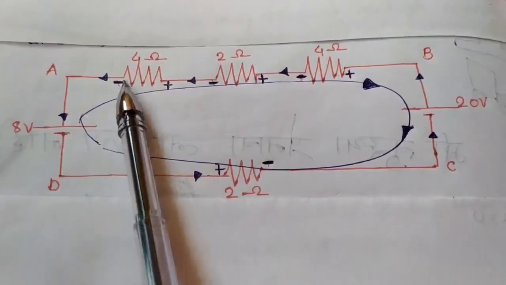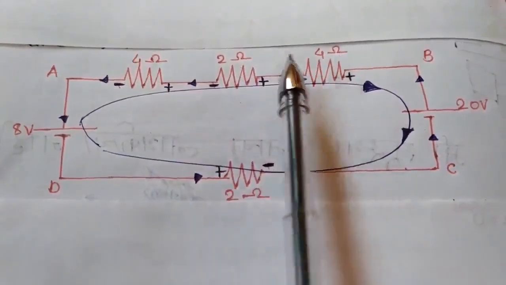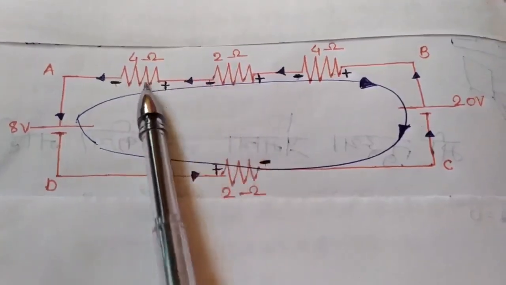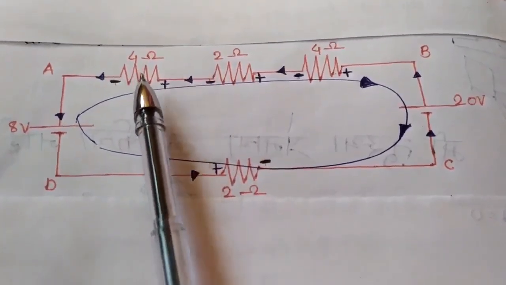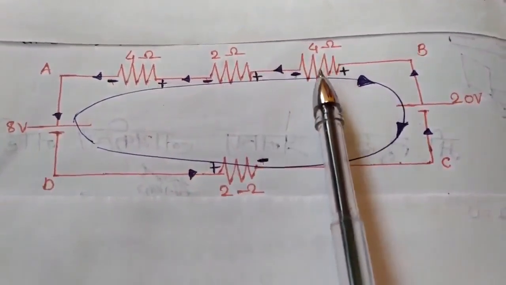Again for the 4 ohm, 2 ohm and 4 ohm resistances, with clockwise loop direction and anti-clockwise current direction, take minus 4 into I, minus 2 into I, minus 4 into I.